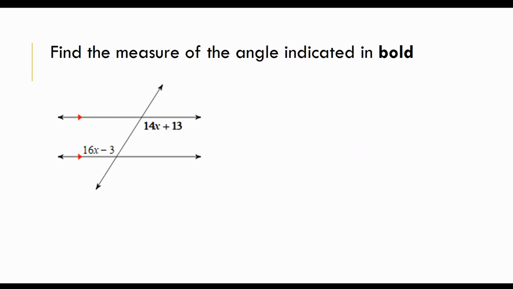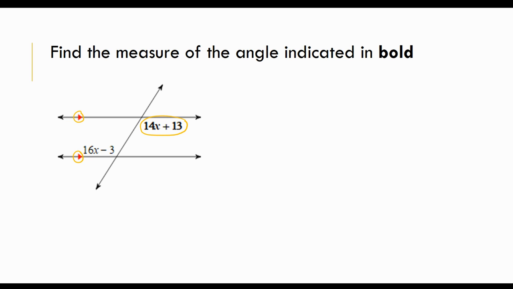All right, let's take a look at this. It says find the measure of the angle indicated in bold. And so our bold angle is right here. Notice that in this picture, I have the markings that indicate we're dealing with parallel lines. So when I have parallel lines, I either have congruent angles or supplementary angles.